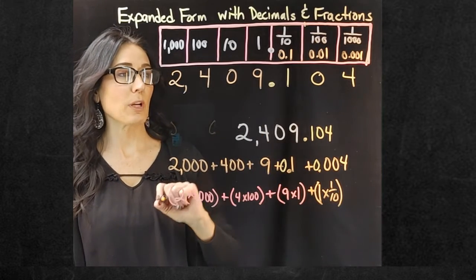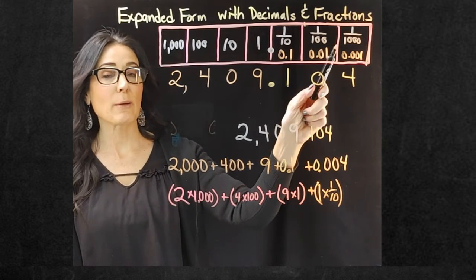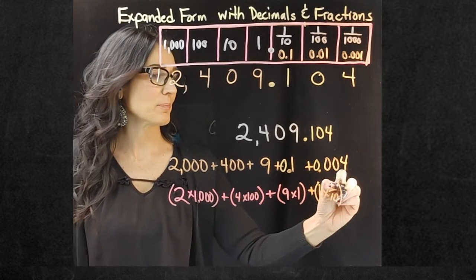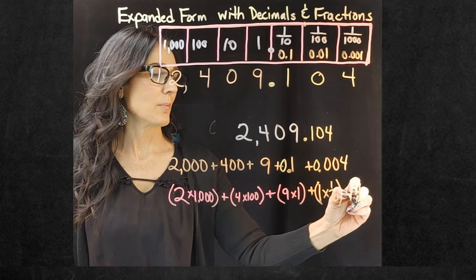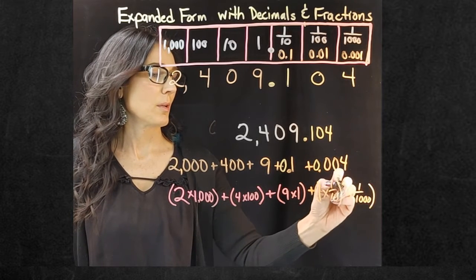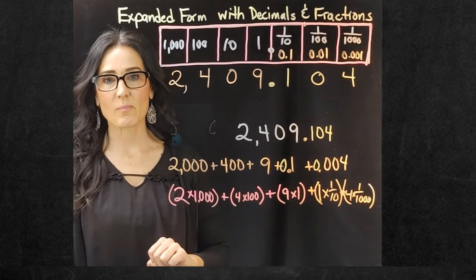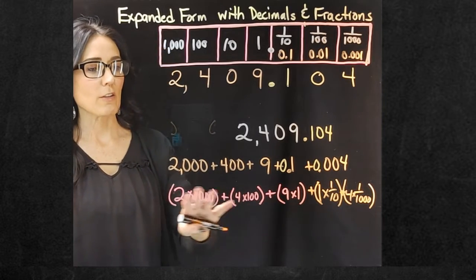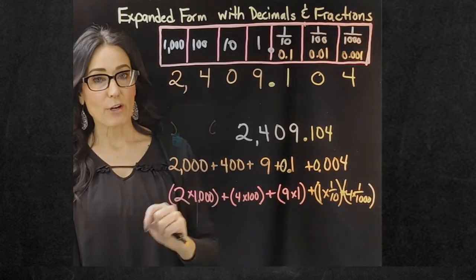And then the last one we would say is 4 thousandths. So notice we take 4 times 1/1,000th. And that would be a plus in between. So that gives you a model of how you would write that showing the value using fractions.